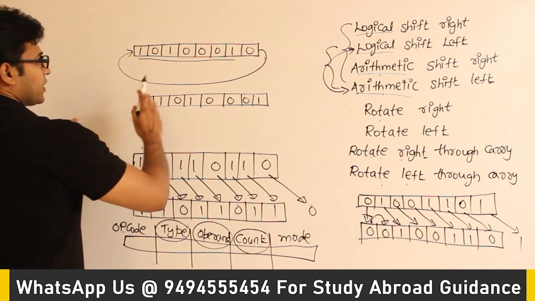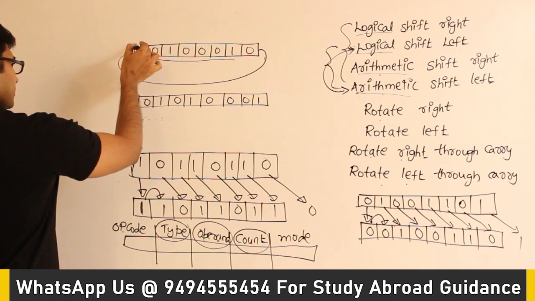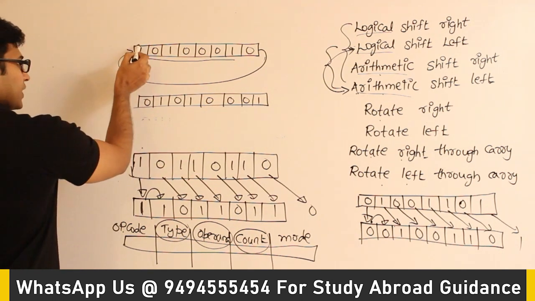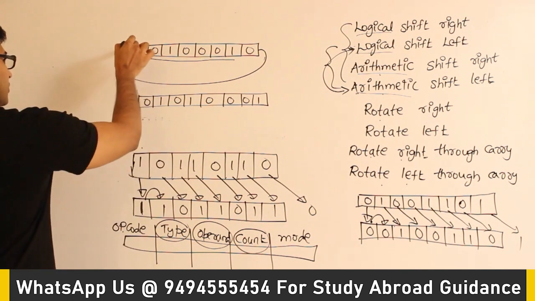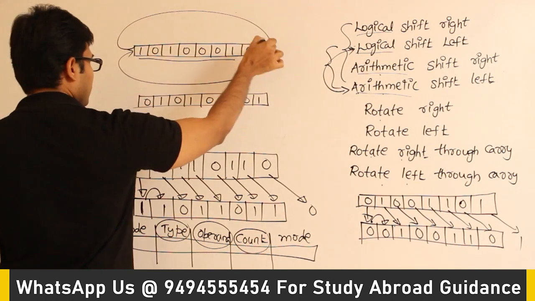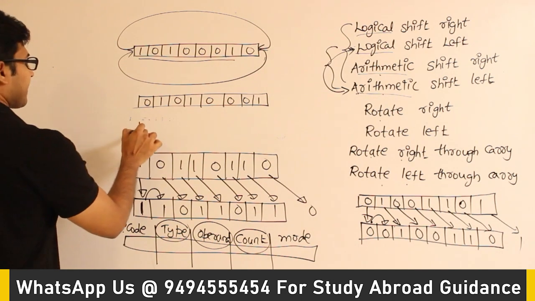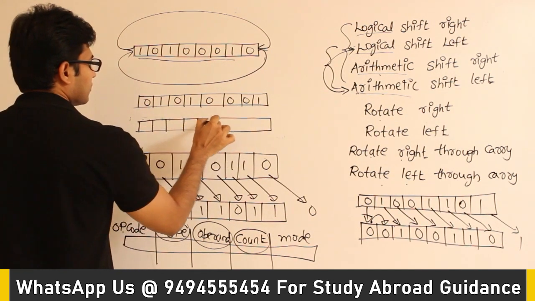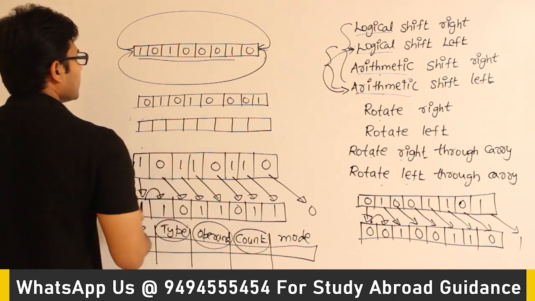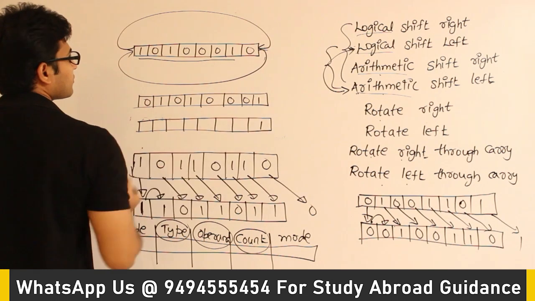So this one is rotate right, and what about rotate left? This one, right? When you look at rotate left, the leftmost bit has to fall off, but since it is a rotate, I'm going to take this one and enter it from here. So this bit is going to enter here, right?